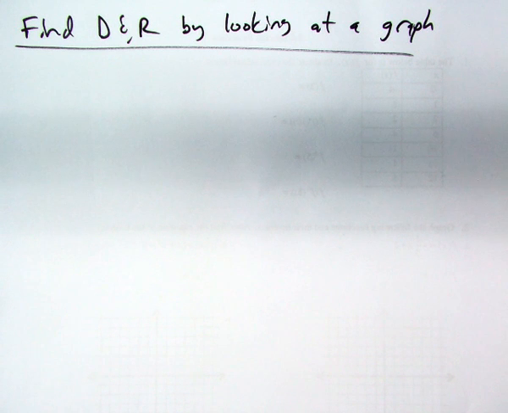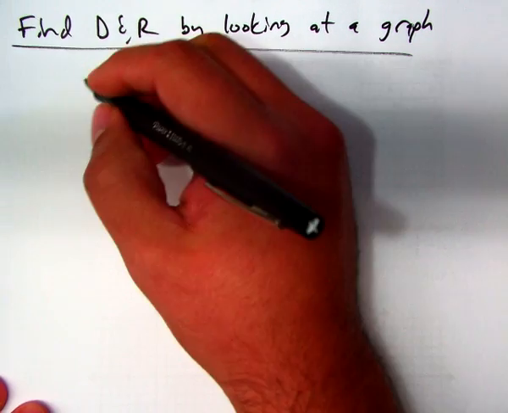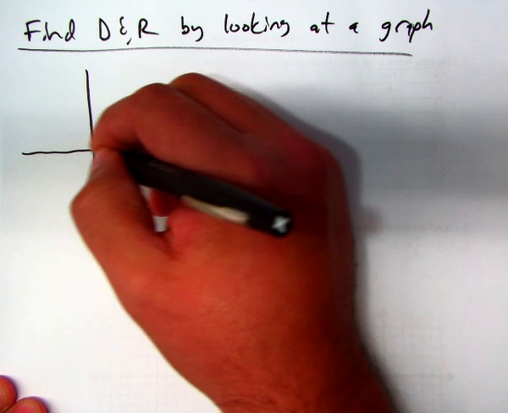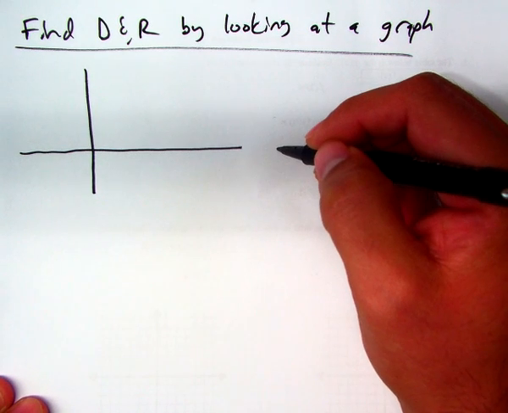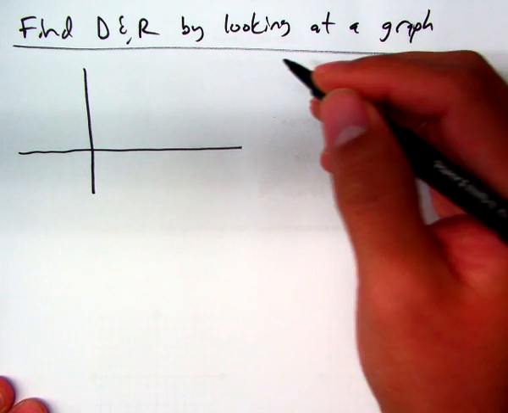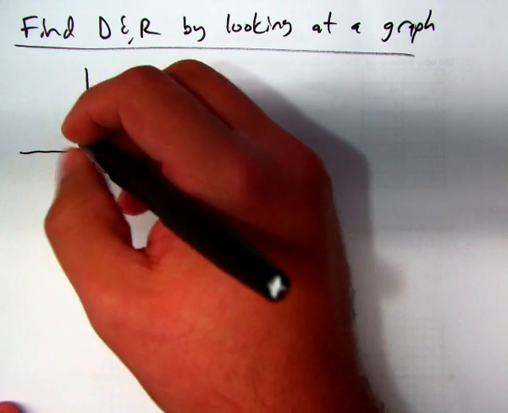So, for instance, if I gave you a graph that looked, I don't know, let's say something like this.